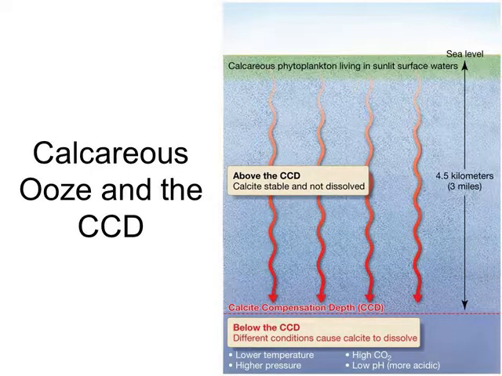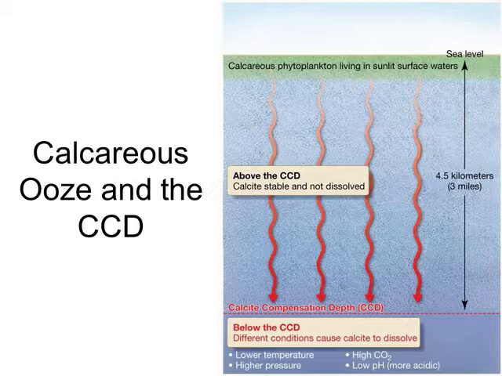So let's look at an image here. You can see in this image here, it shows about 3 miles below the ocean surface where calcium carbonate is saturated. And so it's not going to dissolve. But once you get below the CCD, that's where you have colder temperatures, higher pressure, and more CO2 dissolved into the water, which means that the water has a lower pH, so it's more acidic.